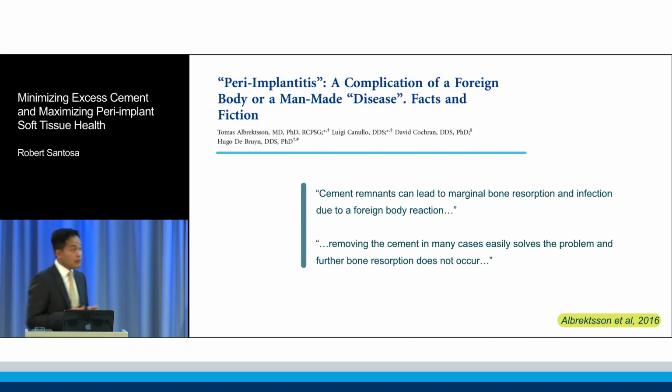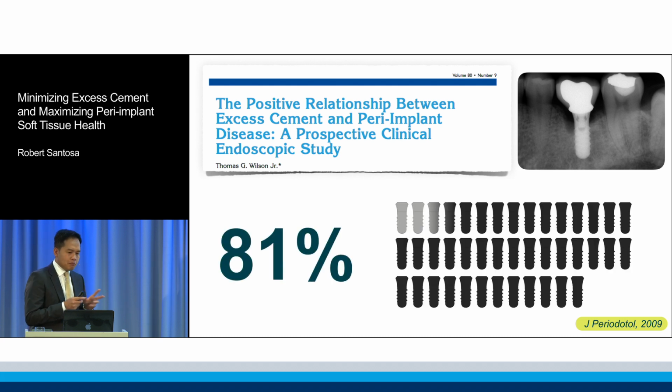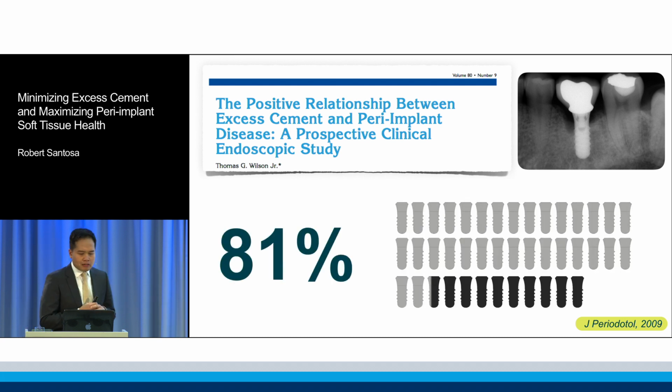However, the good thing is that removing the cement, in many cases, easily solves the problem and further bone resorption does not occur. Wilson, in 2009, shows that in the group of implants with peri-implant disease, the majority of them are due to the presence of excess cement.